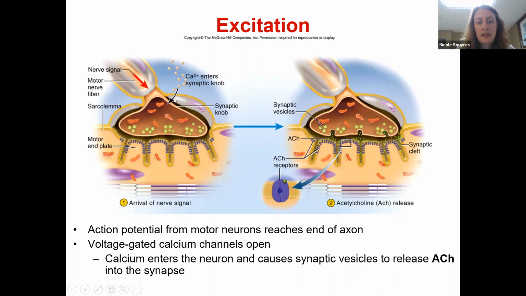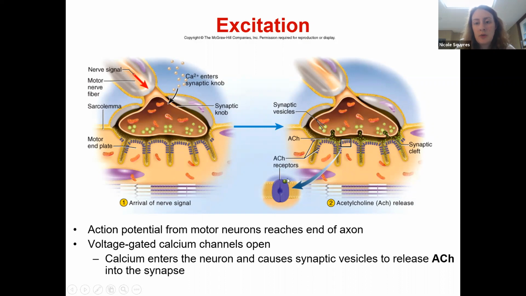When that happens, calcium is going to enter into the neuron. And when calcium enters, it's going to cause those synaptic vesicles, these guys right here, to release acetylcholine into the synapse. So that's what we can see in this image. We have these synaptic vesicles, and we can see that they are opening and releasing acetylcholine in green here into the synapse.